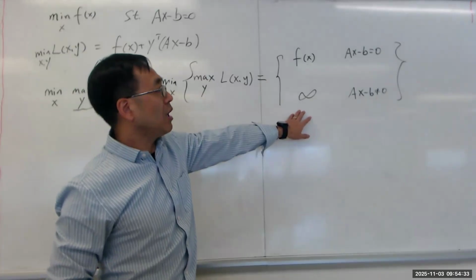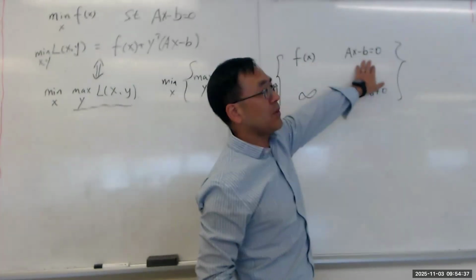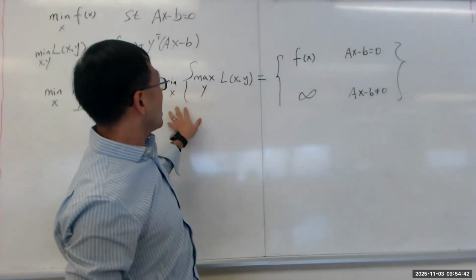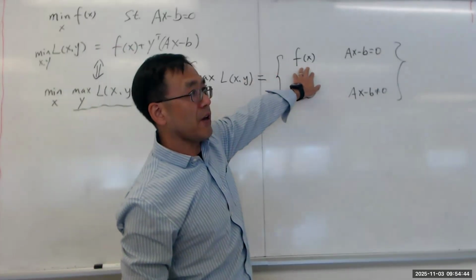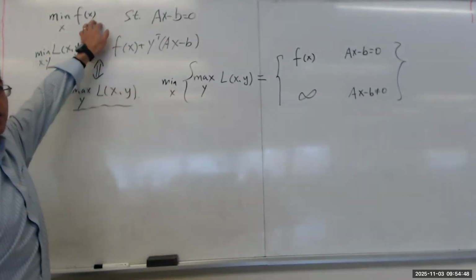Therefore, Ax minus b has to be equal to 0. When Ax minus b equals 0, minimizing the Lagrangian is equal to minimizing f(x). So therefore, it is back to the original problem.